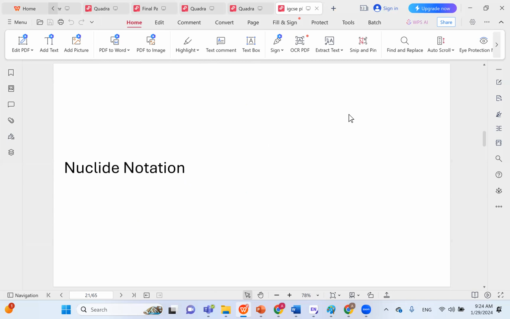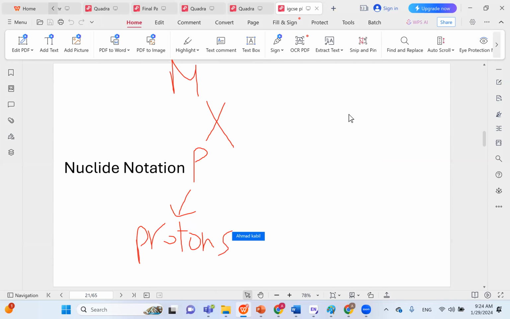Next, we move on to something called nuclide notation, which we shall discuss briefly. So if you have an atom, X, it has a proton number and a nucleon number or a mass number. These are just arbitrary letters that I just created. They don't have to be P and M. So this is the number of protons inside the nucleus and should be the same as electrons if the atom is neutral.